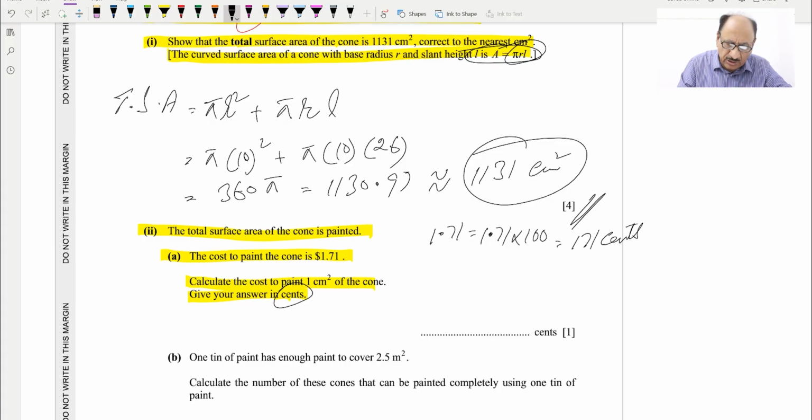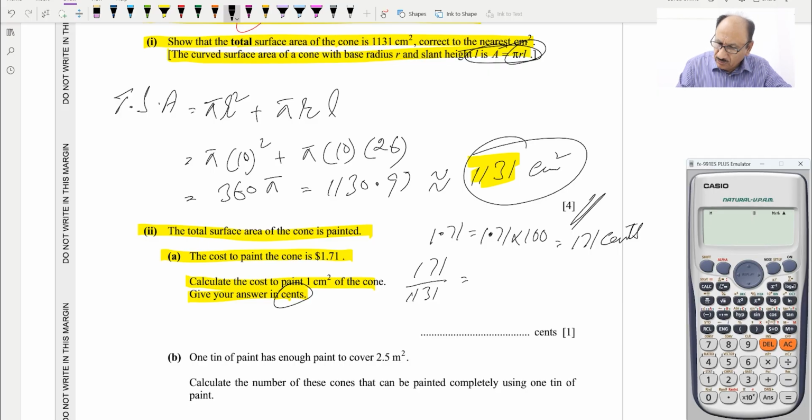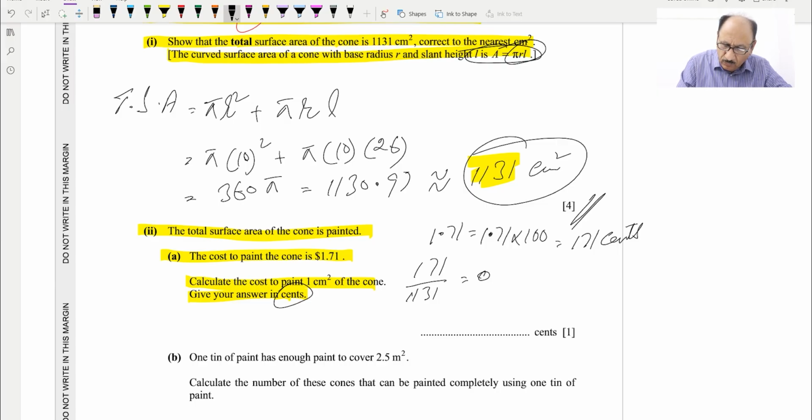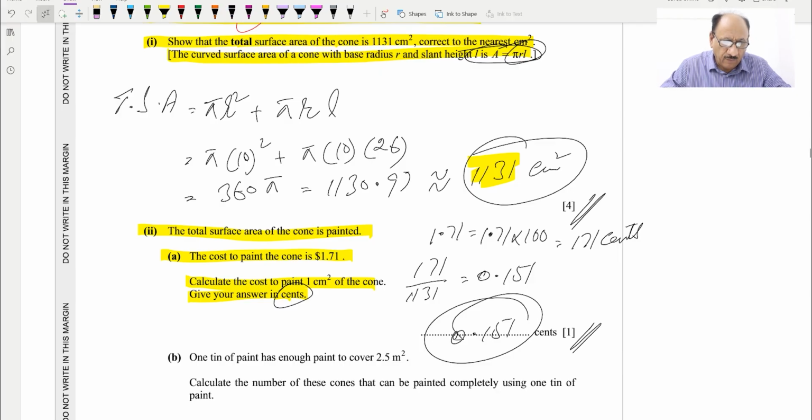So 171 divided by the total area, which we have already calculated, 1131, will be giving us answer 0.151, and this will be our cents answer for 1 mark.